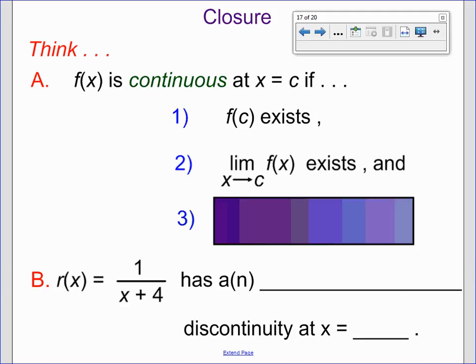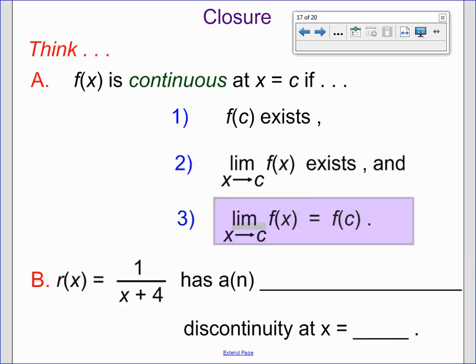What's our third and most important requirement? What's our last one? Savannah? The limit as x approaches c of f of x equals f of c. Absolutely. The overall limit of f of x as x approaches c must be equal to the value the function takes on at x equals c, namely f of c.